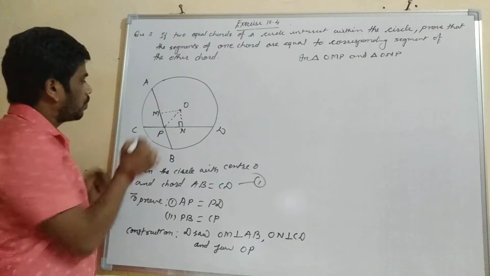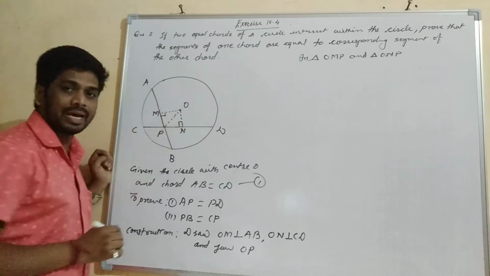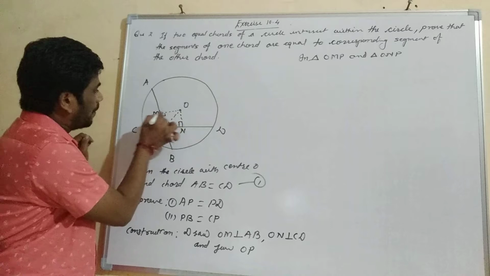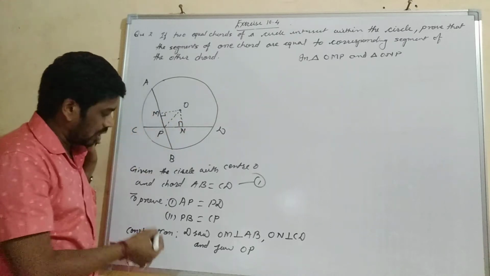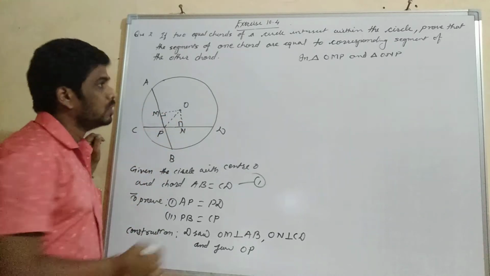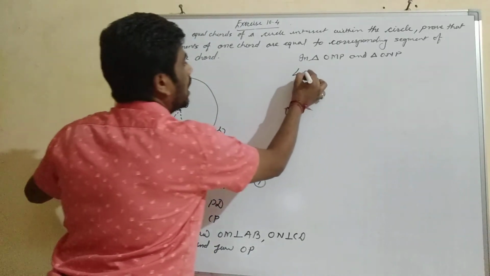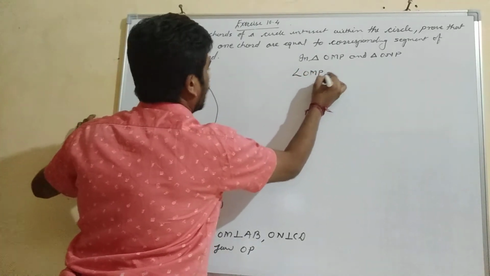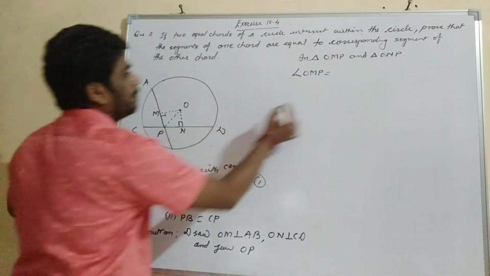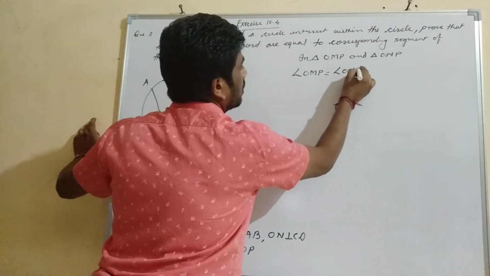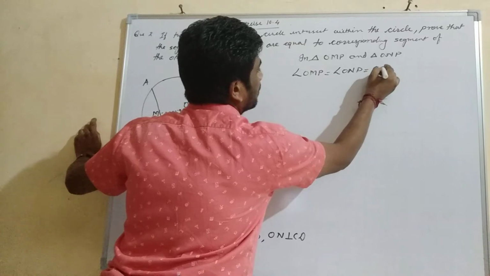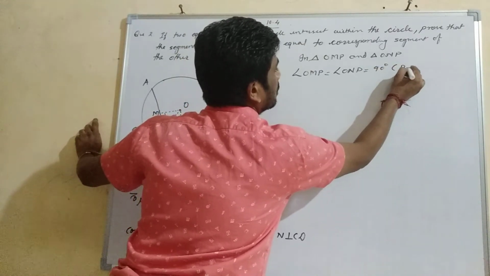So how do we show these both are congruent triangles? We know that this is perpendicular by construction, so this is a right angle. We can write angle OMP equal to angle ONP equal to 90 degrees. This is by construction.